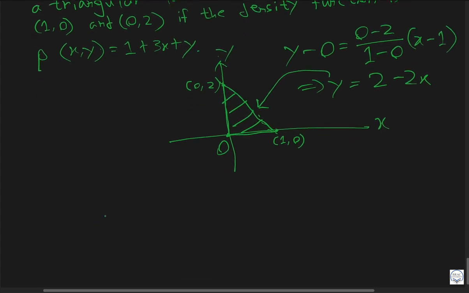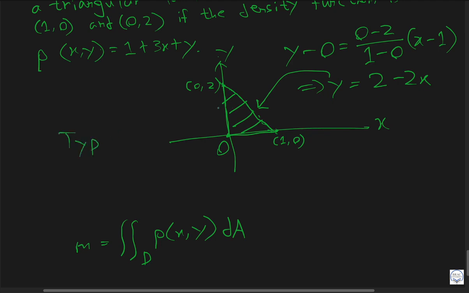Now let's find the mass. Mass is the double integral over the region D of just the density function times dA. We'll do this with a type 1 integral. You can do this region also with a type 2 integral.